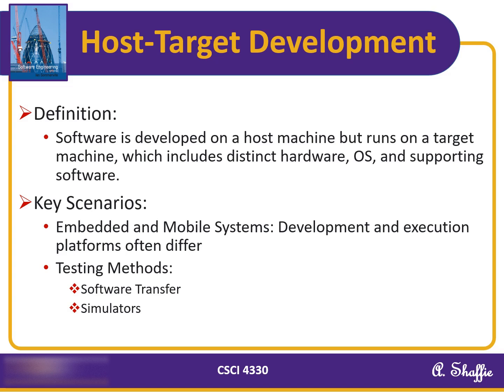I want to emphasize here that even the requirements in the host and target machines are not the same. On the development platform, we need tools like an IDE to write our code, a compiler to translate our code, and testing tools. While on the target platform, we rely on elements like libraries, related systems, and a database to ensure the software functions properly in its intended environment.